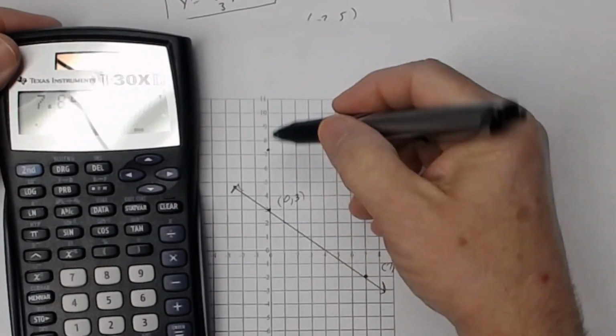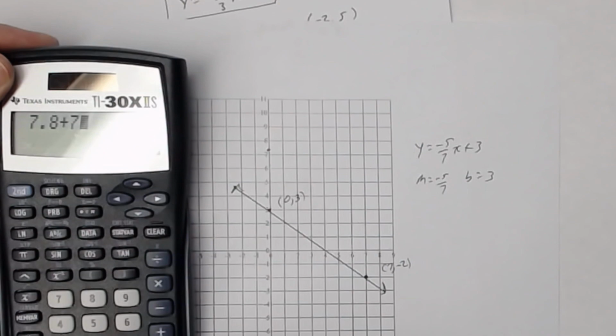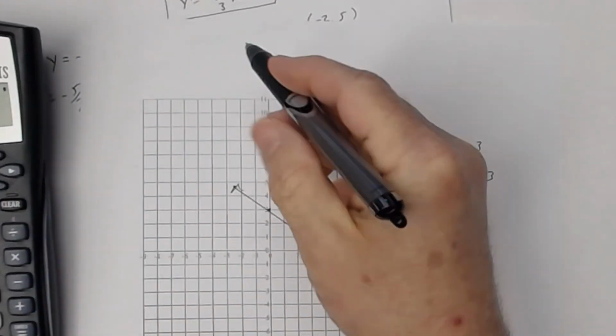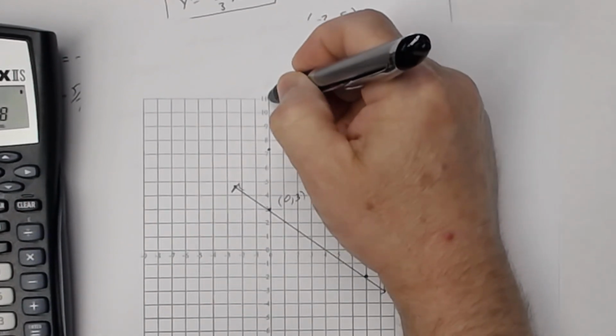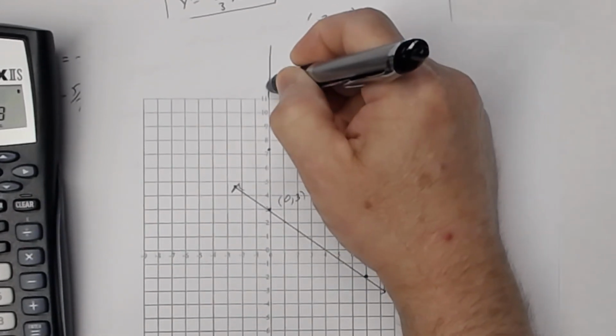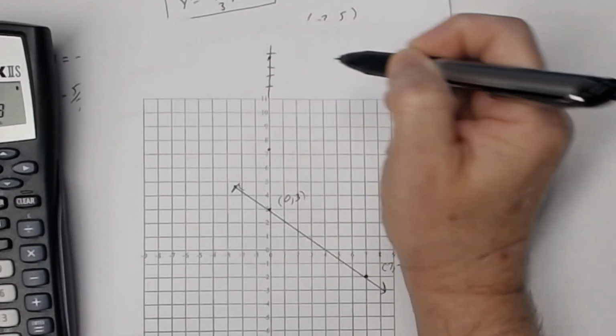Remember I'm going up 7, so I'm going to add 7. Plus 7, and that's going to give me 14.8. So I'm going to go up 7, so that's going to be at 14.8. Let's see, that's 12, 13, 14, 15. So that's about here, let's say.